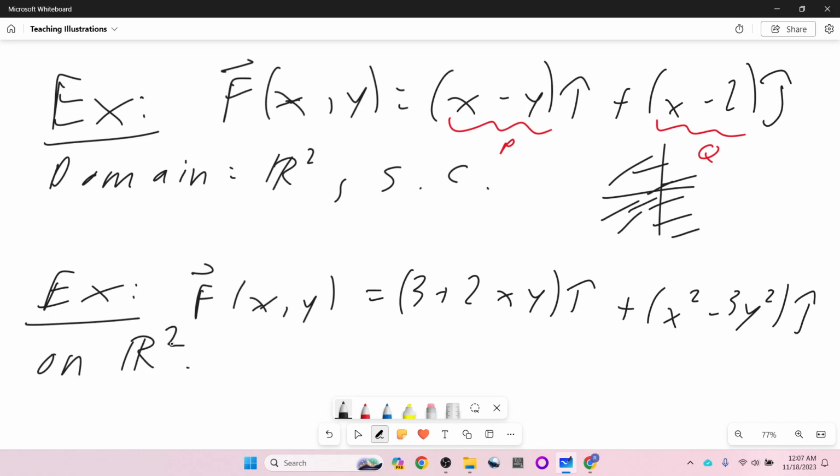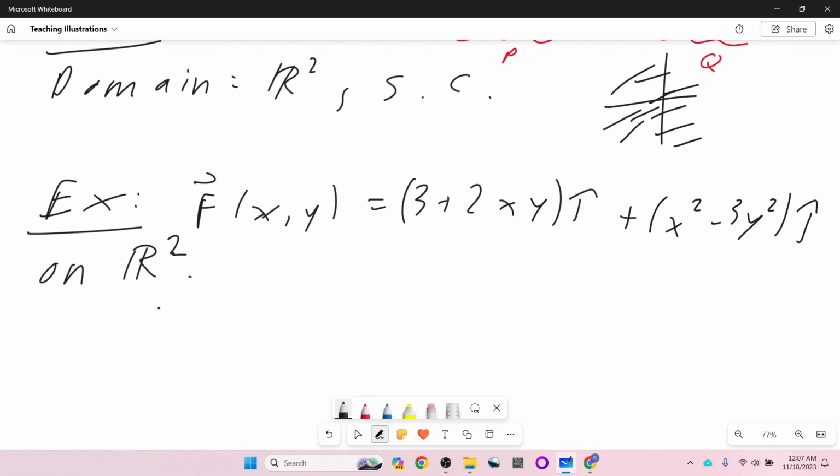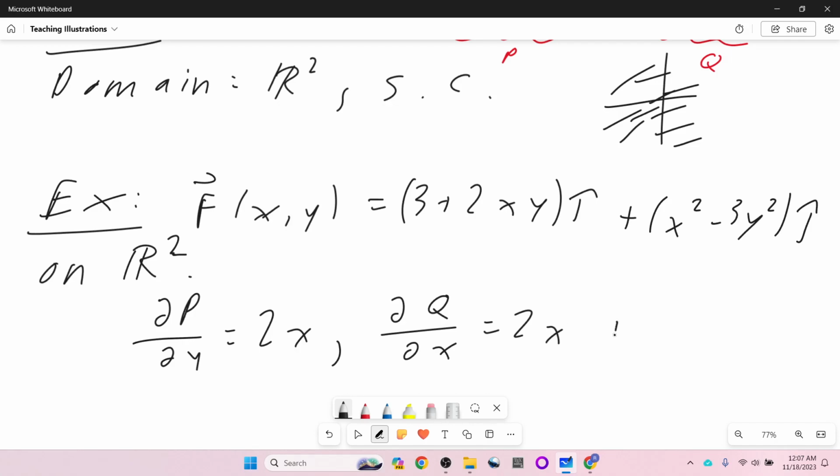Generally speaking, we should always use the largest domain possible unless we're told otherwise. There's no obvious reason why we should restrict the domain. There are no denominators that could be 0 or anything like that. So we'll just let the domain be everything. So is this one conservative? Well, del P over del Y is 2x. Del Q over del X is also 2x. Yes, it is conservative.